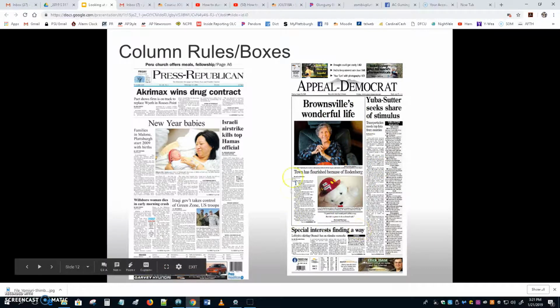But the boxing really helps to separate it out from other stuff. And that's one of our big jobs in page design, to let people know what things go together and what things are a different package too. And it should be an unconscious thing. Someone should be able to just look at the page and obviously see what things go together, what things don't.